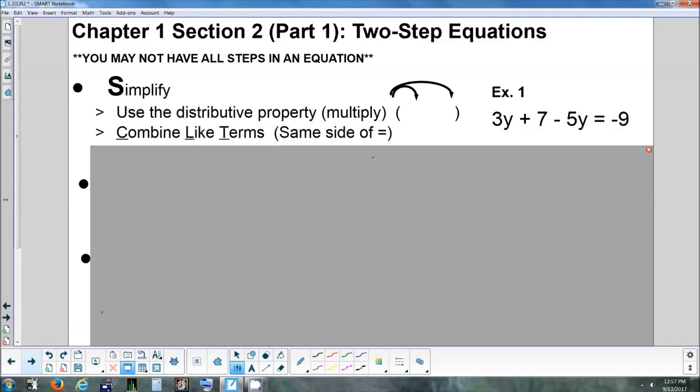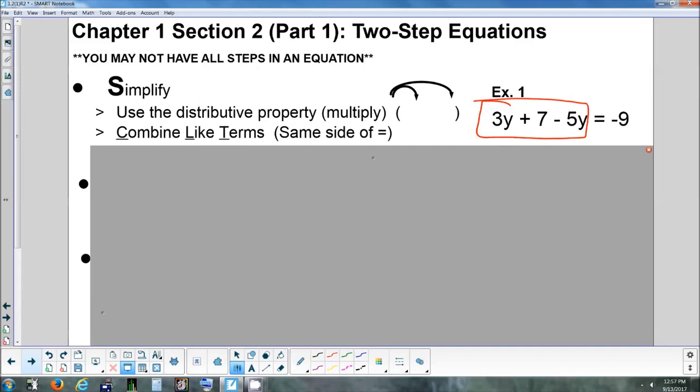Okay. The next step, still under simplify, is to combine like terms. So you look at a problem on the same side of the equal sign. You can only combine like terms if they're on the same side. We're not talking about moving things from one side to the other yet. We're just talking about, if you look at this side, are there two things there that you could combine together?